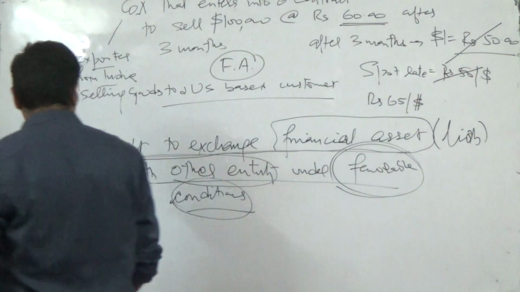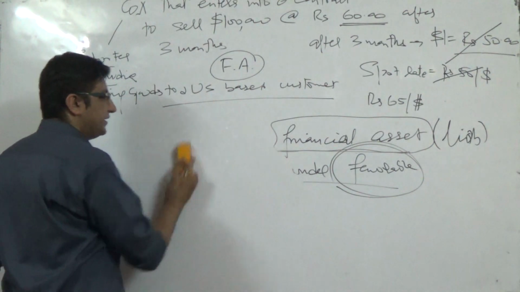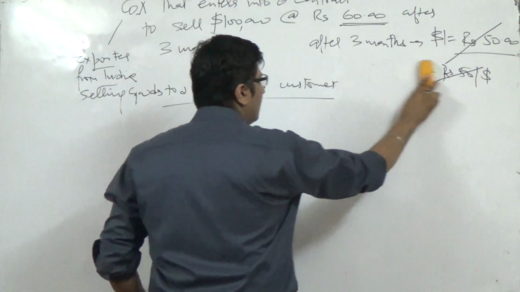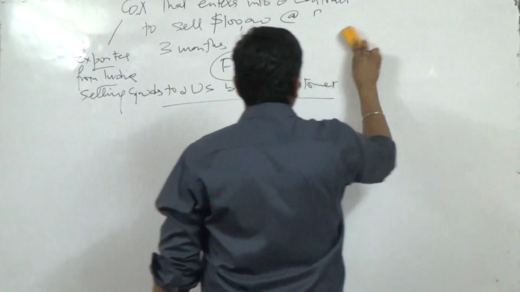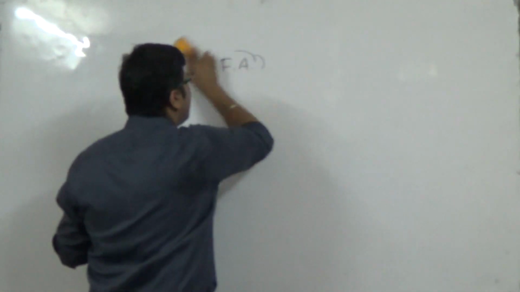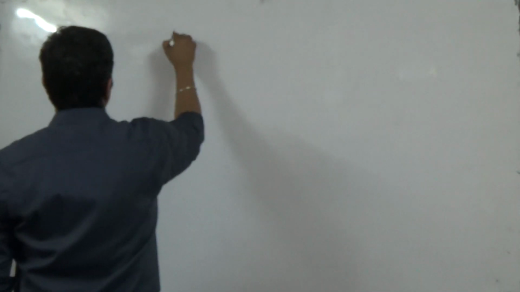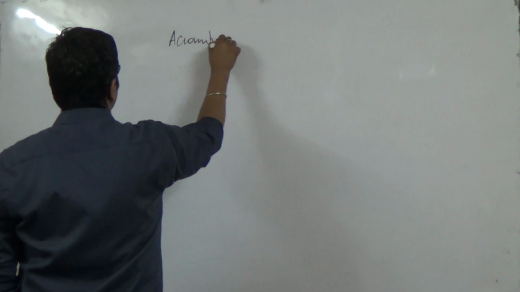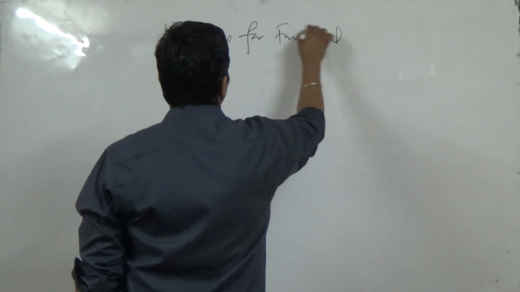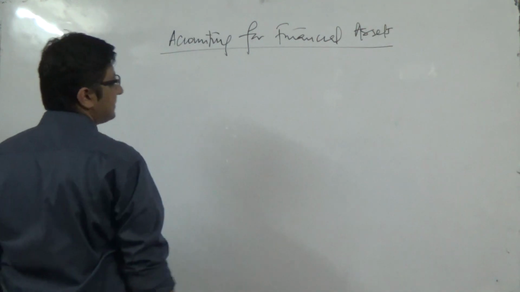Great. Now there are still more parts of this particular definition. As of now, we do not want to get into that. But we would want to spend some time understanding how to do the accounting for financial assets.